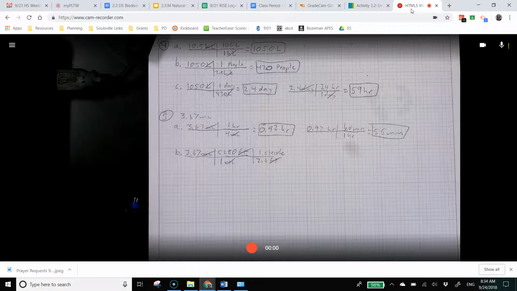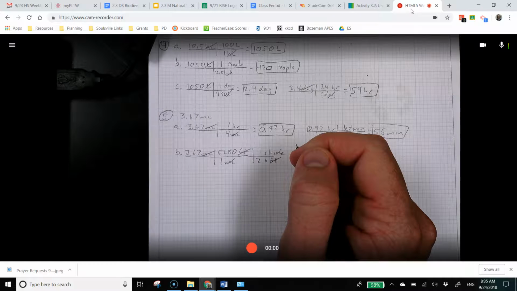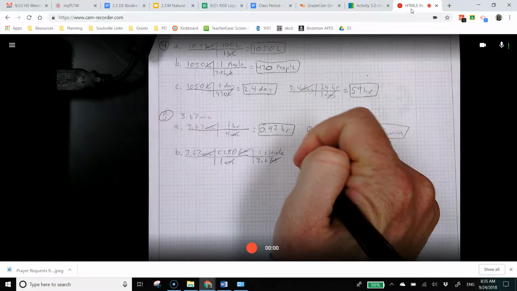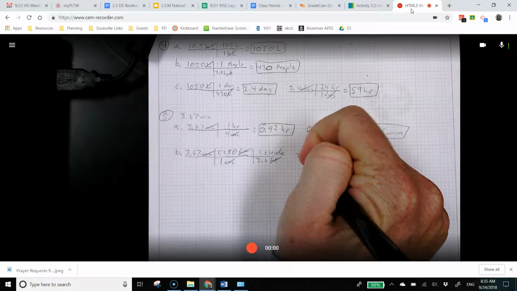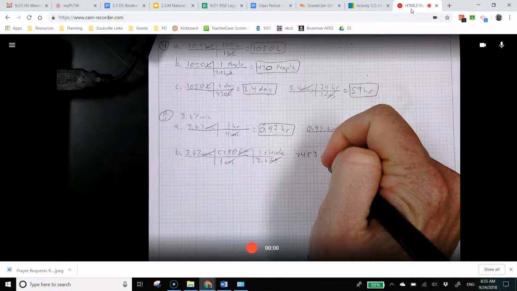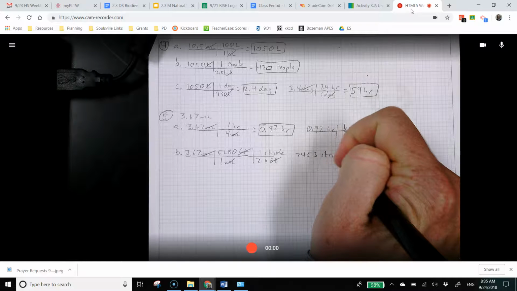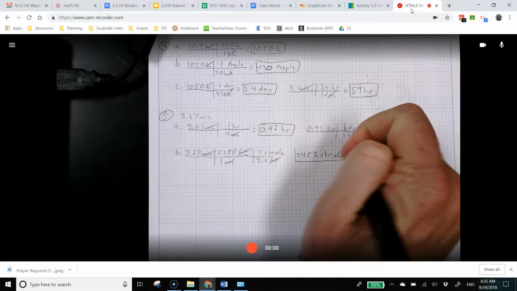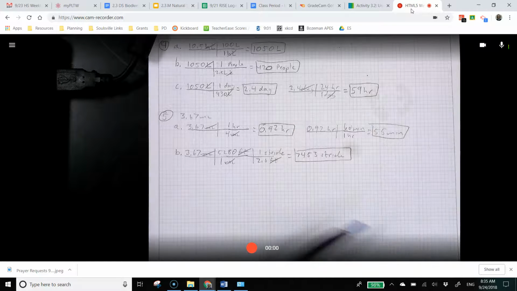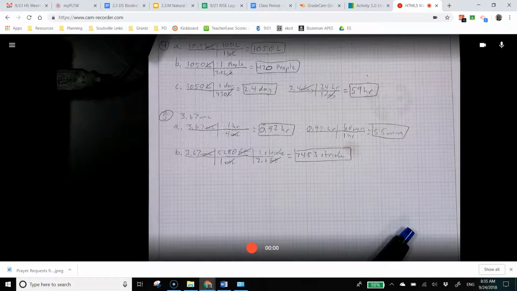So just multiply 3.67 times 5,280 and then divide by 2.6. I'm going to round to the nearest stride, and I will get 7,453 strides, also known as steps. Make sure that we always box our answers here.